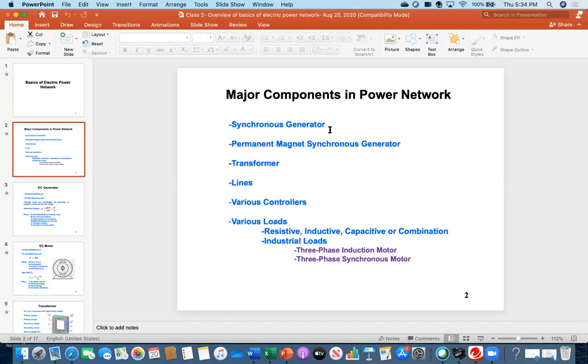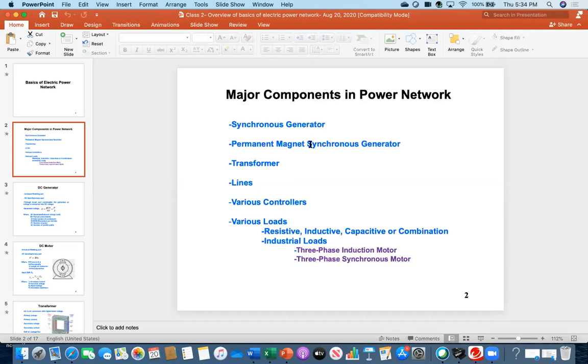Accordingly the power plant name goes like hydroelectric power plant, nuclear power plant, or steam power plant, according to the fuel input, but all are synchronous generators. Just simply keep that in mind. All over the world, the same tradition.